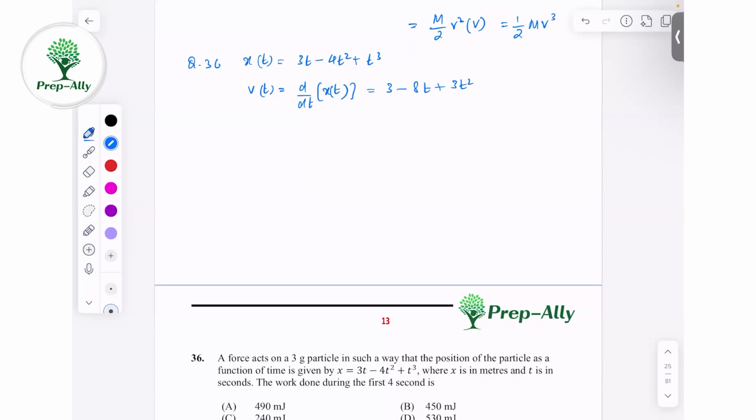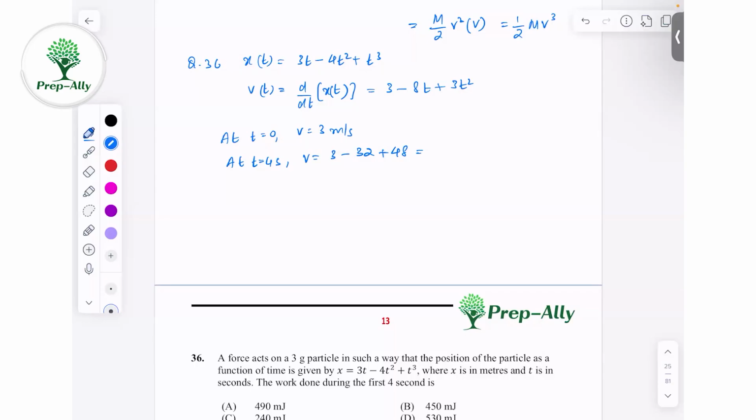Now he's asking the work done in the first 4 seconds. So velocity at t equal to 0, velocity is 3 meter per second. Now at t equal to 4 seconds, velocity is going to be 3 minus 4 8 32 plus 3 into 16, 48.